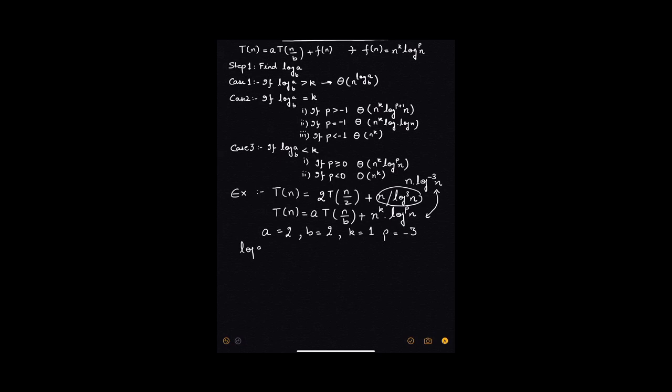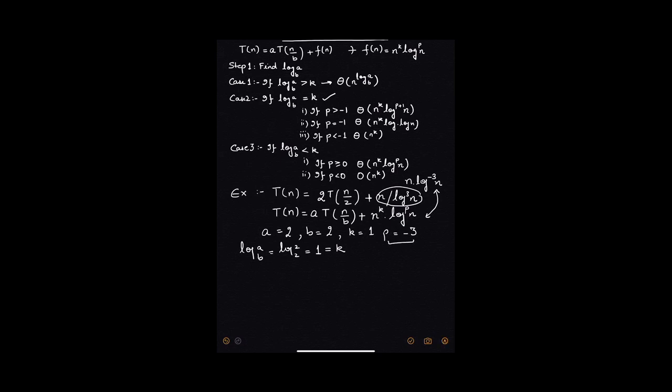Getting my log a base b value, this becomes log 2 base 2, the value is equal to 1. We have to compare it with the value of k. As the value of k is also equal to 1, I can say this is my case 2 problem. As an additional step, I have to find the value of p. Over here, p is equal to minus 3.